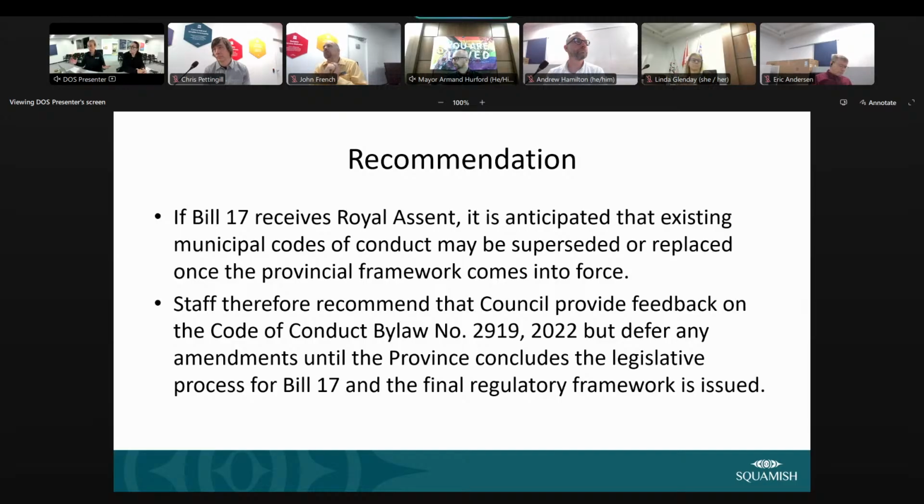A general conversation on the code of conduct bylaw isn't likely a valid reason to close a council meeting, but a specific topic of discussion could be considered.